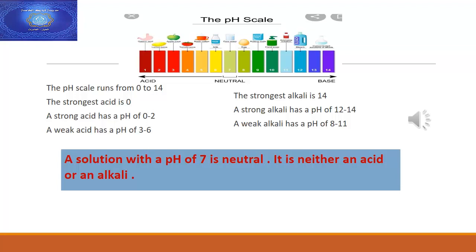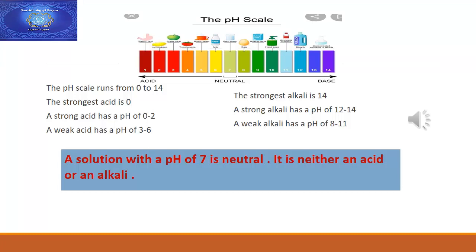Then how can we identify the strength of acid or alkali? If the pH scale shows 0, the substance contains the strongest acid. If it shows 14, it contains the strongest alkali.